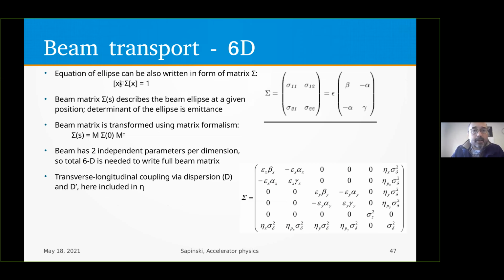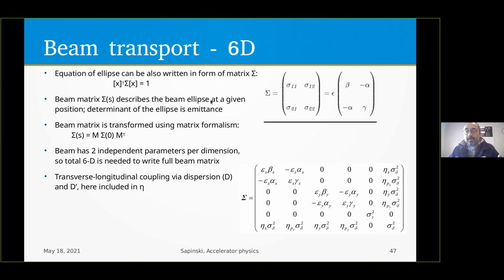Here x is a vector, x prime actually, sigma is a matrix, we call it the beam matrix, and this is a vector which is transposed, and a vector again. If we write the equation like that, linearly, then we get the equation of the ellipse. So the beam matrix, this sigma, describes the beam ellipse at a given position.